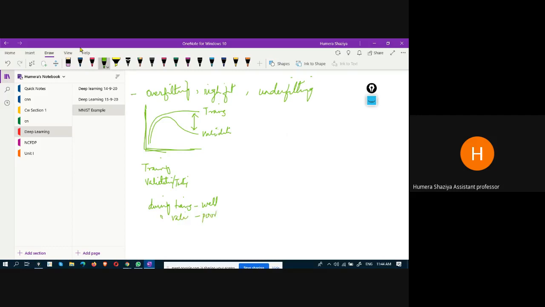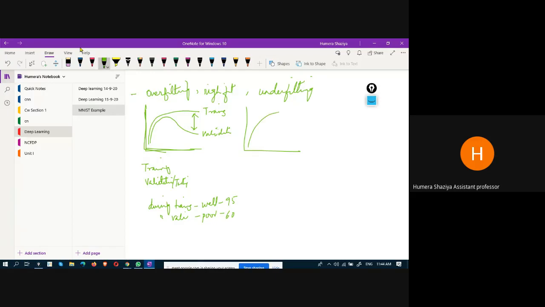It's not able to give good accuracy. Here the accuracy might be 95%, and here it might be 60%. So you see there is a big gap. This is known as overfitting.